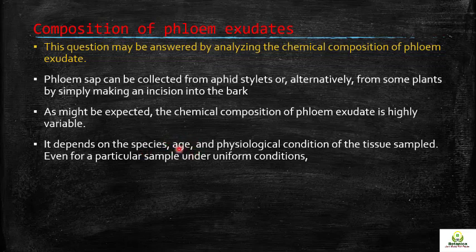The age of the plant also matters: younger plants or seedlings have a different composition of phloem exudate from those plants which are mature and old, which have a different composition and physiological condition.